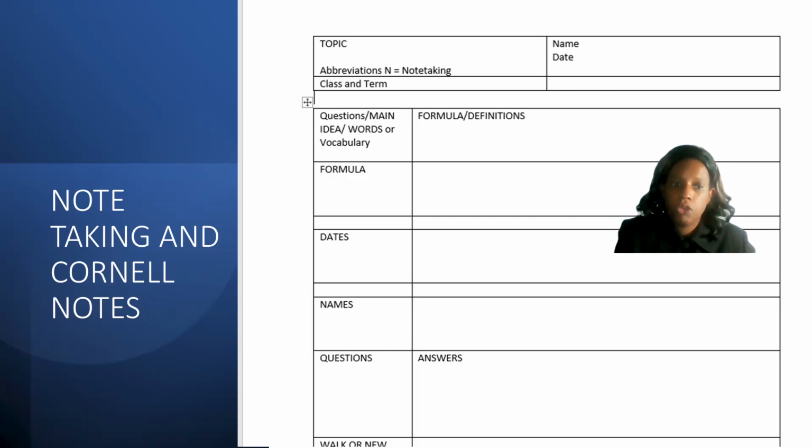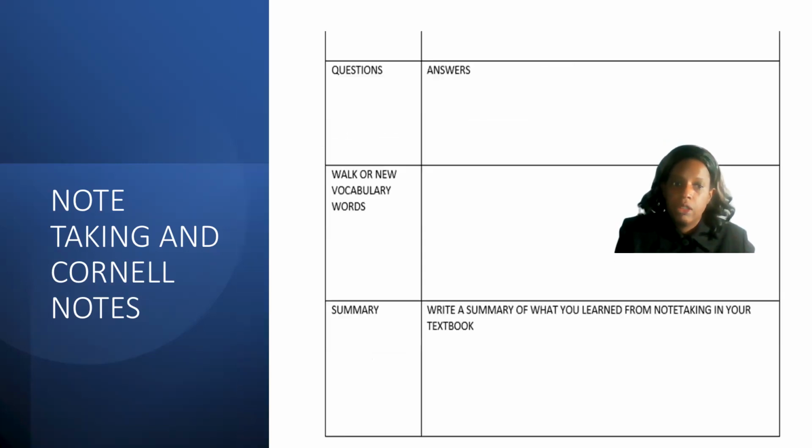So this is one of the first pages that we have in the Cornell note-taking system. What I have done is combine the Cornell note-taking system with some information that I would write when I'm taking notes. So again, questions and answers are important.